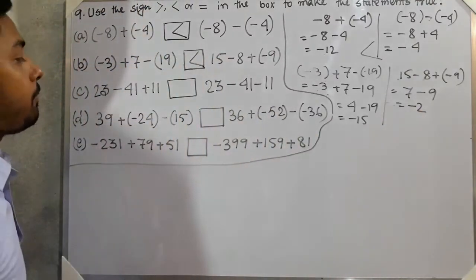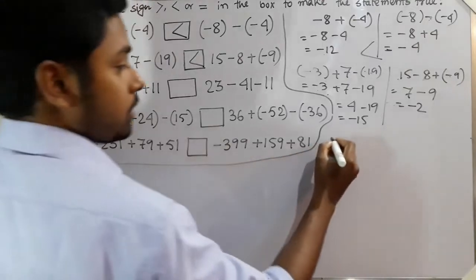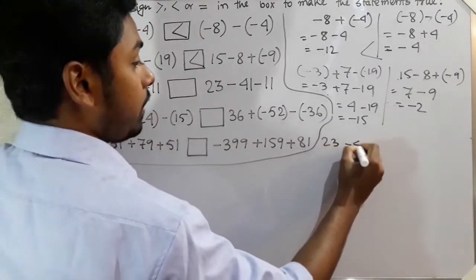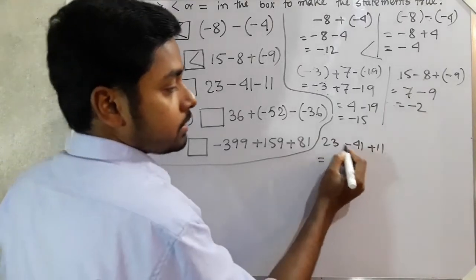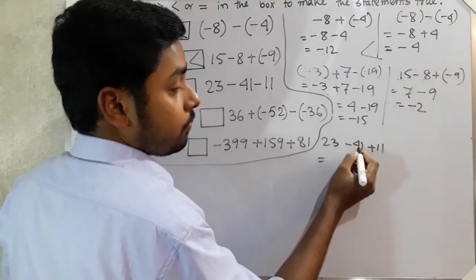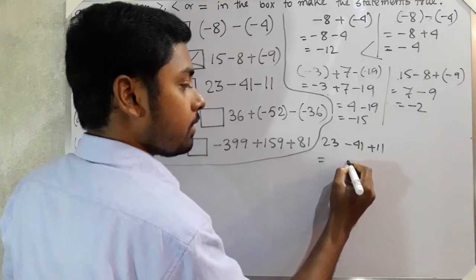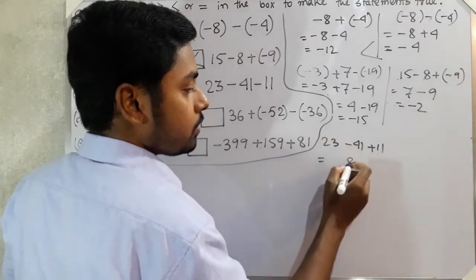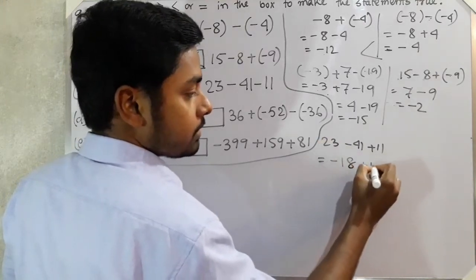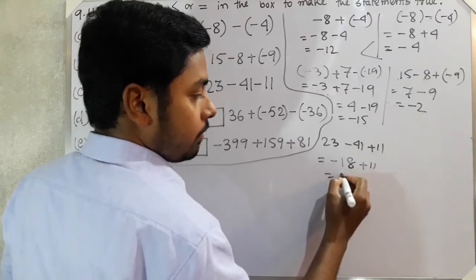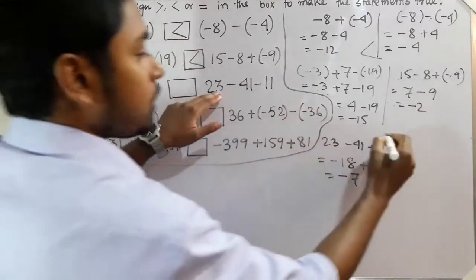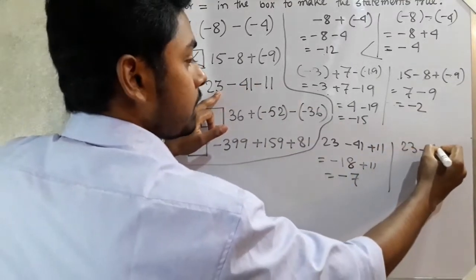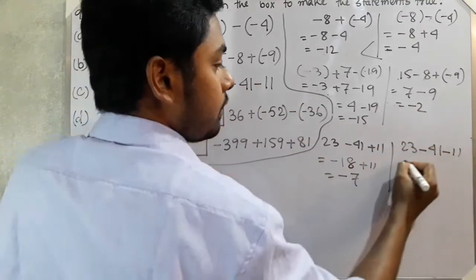That means this one. Now 23 minus 41 plus 11, to solve it: 41 minus 23 means 18, so minus 18 plus 11, that means minus 7. Now solve this part, 23 minus 41 minus 11.